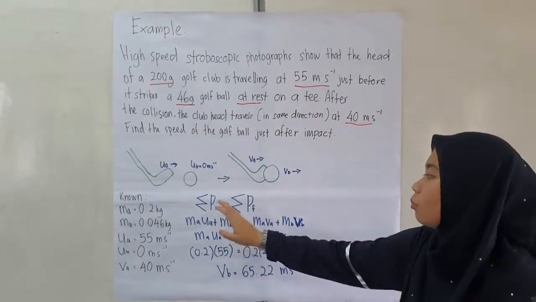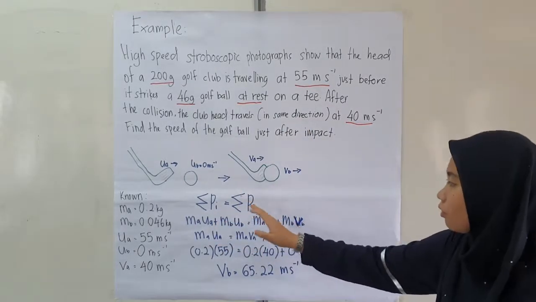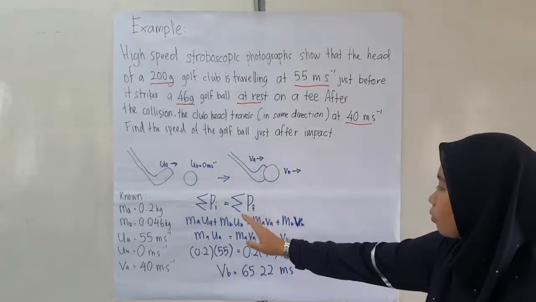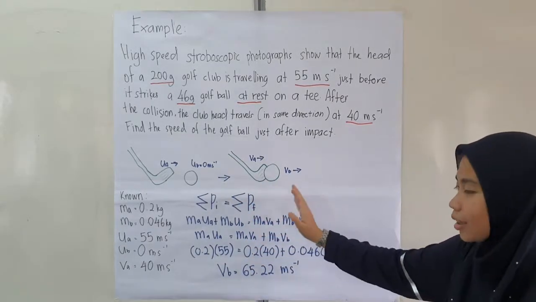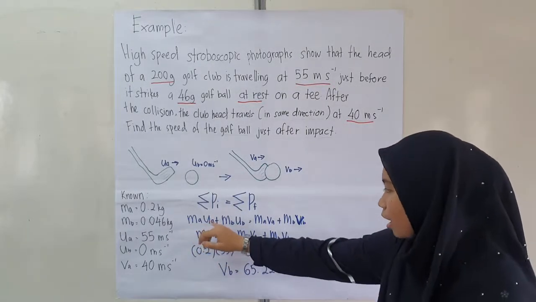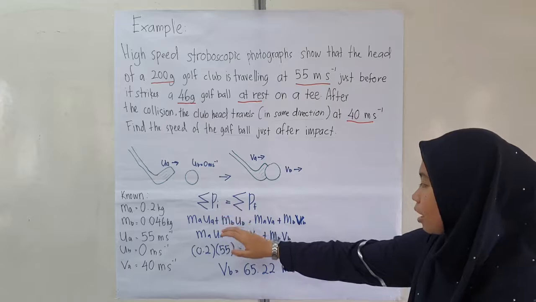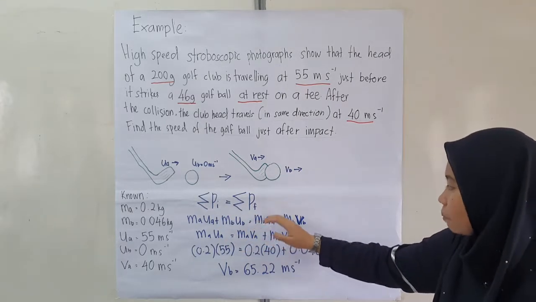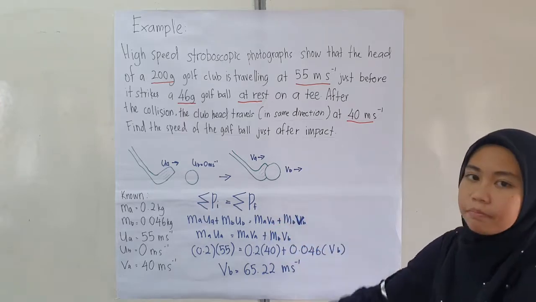We use the formula of the sum of initial momentum equal to the sum of final momentum, which is MA UA plus MB UB equal to MA VA plus MB VB.